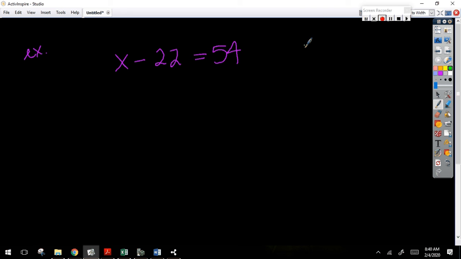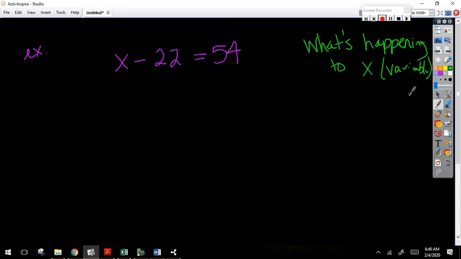I want to look and see what's happening to x, or whatever variable there is in the equation. 22 is being subtracted from it, right? So what I want to do, you're exactly right, is the opposite: 54 plus 22. But remember, I've got to use that property of equality, so I've got to do the opposite, but to both sides.